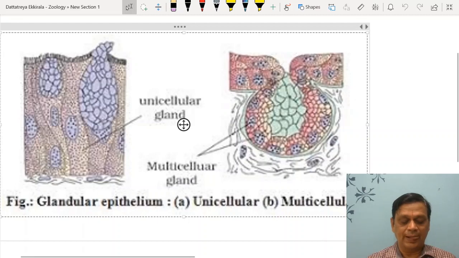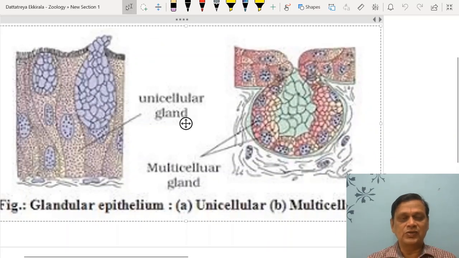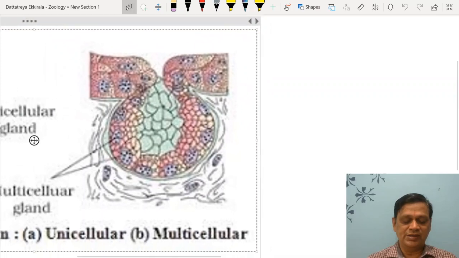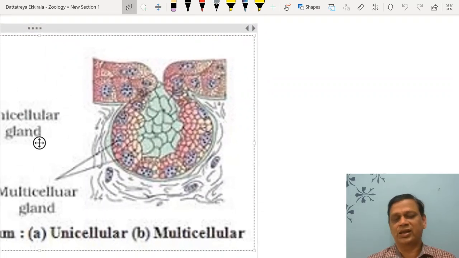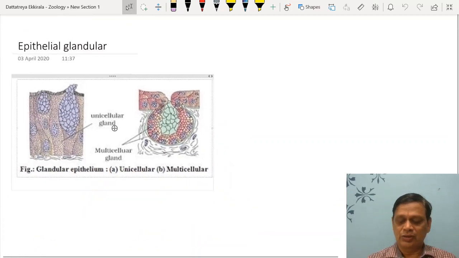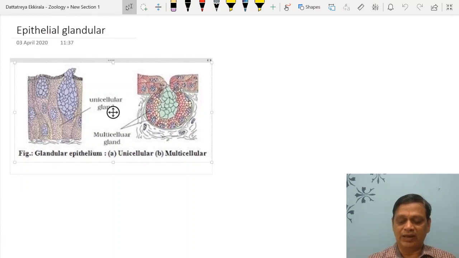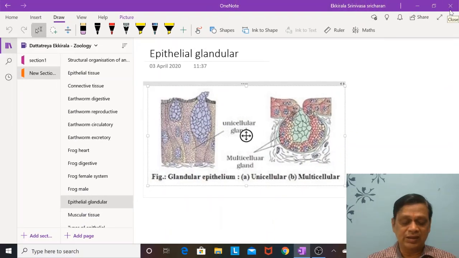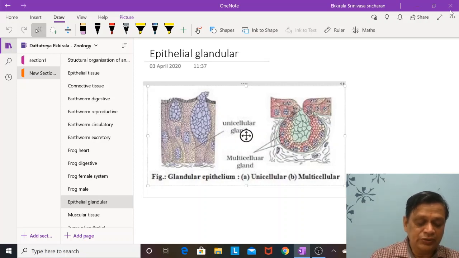You observe here, unicellular glands associated with gut, that is goblet cells, and multicellular glands such as pancreas, salivary glands, liver, etc. These are all multicellular glands. They may have duct or be without duct. Ductless glands are called endocrine glands, and glands with ducts are called exocrine. Then coming to connective tissue.